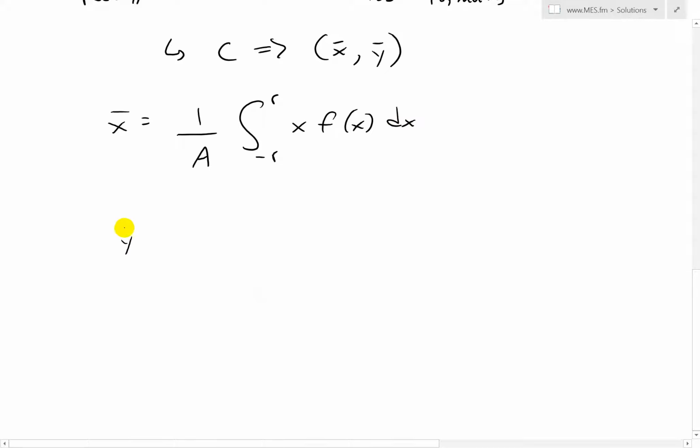And y equals 1 over the area times the integral from negative r to r of one half f(x) squared dx.